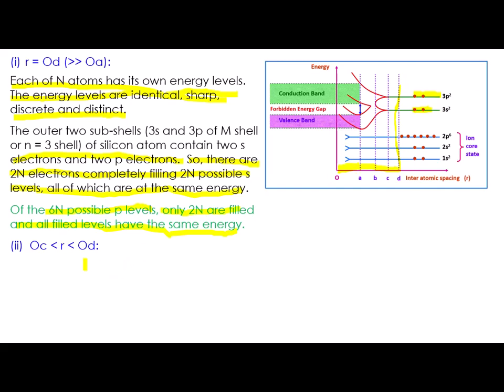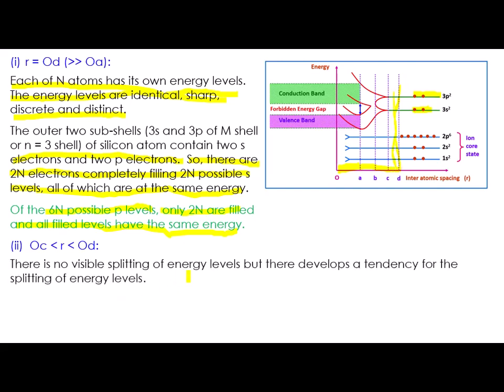Now, when R is between OC and OD, in the middle, you will find that there is no visible splitting of energy levels, but there develops a tendency for splitting of energy levels in this region.